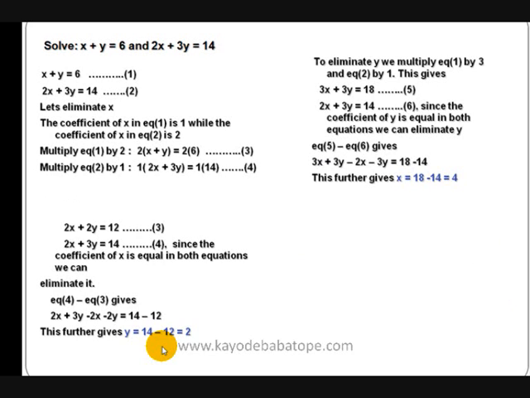Decide which variable to eliminate, and then multiply the equations appropriately in such a way that the coefficients of the variable you want to eliminate become identical. Therefore, the solutions to the equations are x equals 4 and y equals 2.